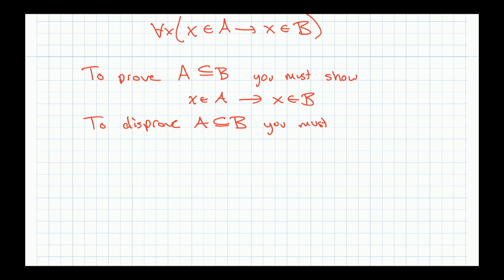You must find one x that is in A that is not in B. That's how you would disprove that A is a subset of B.